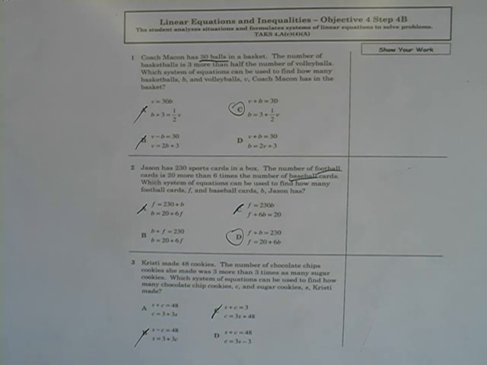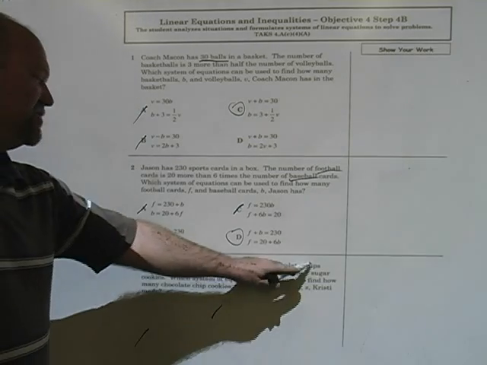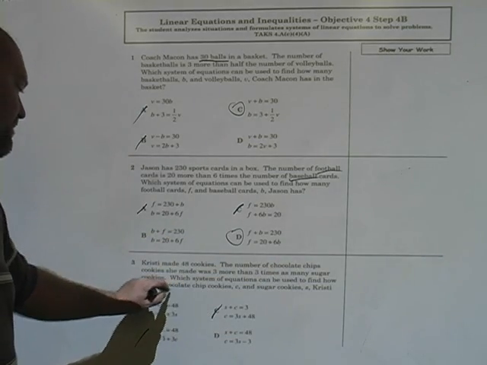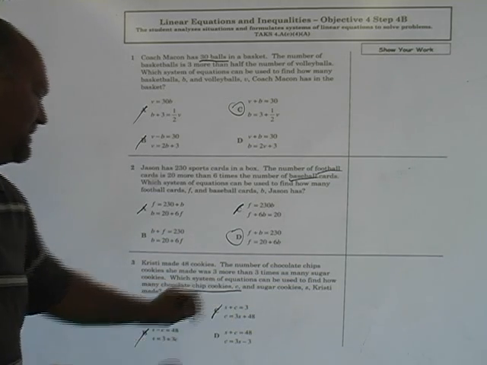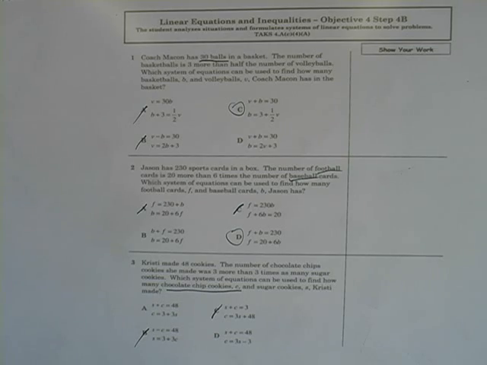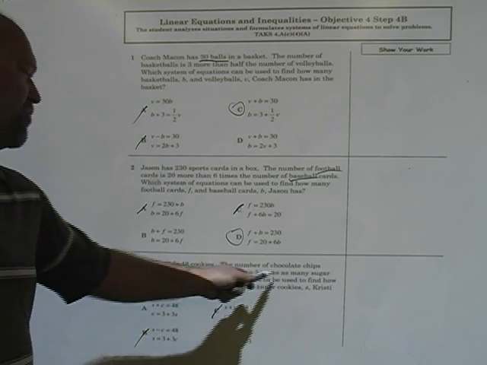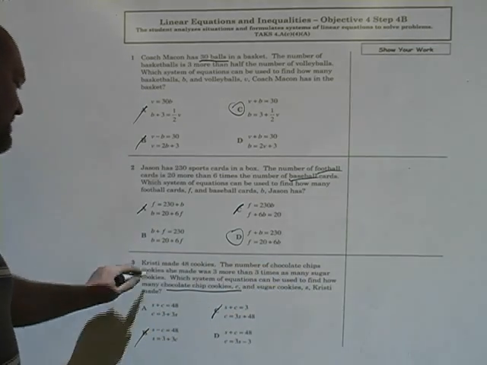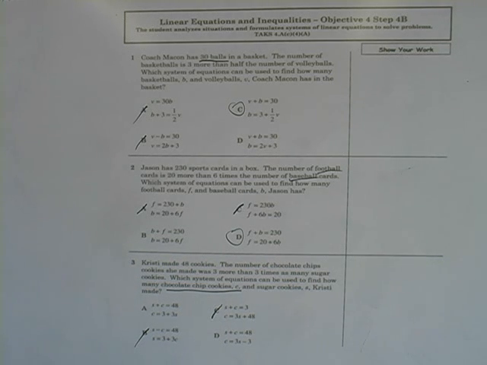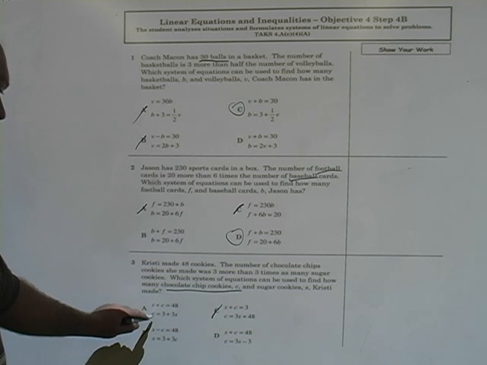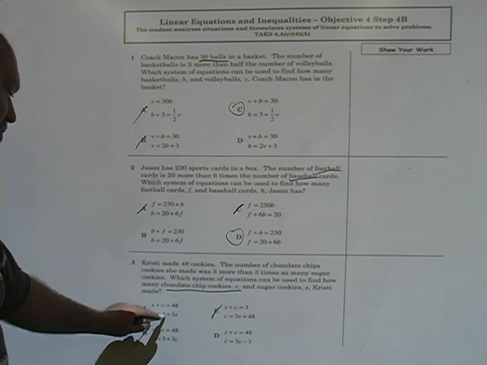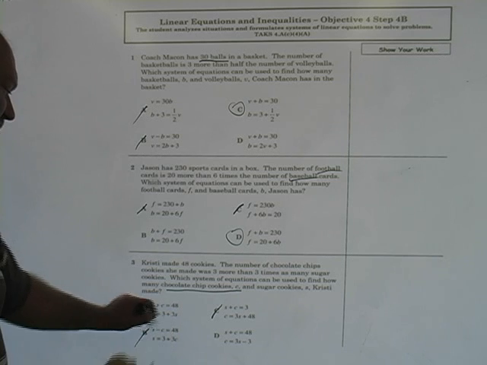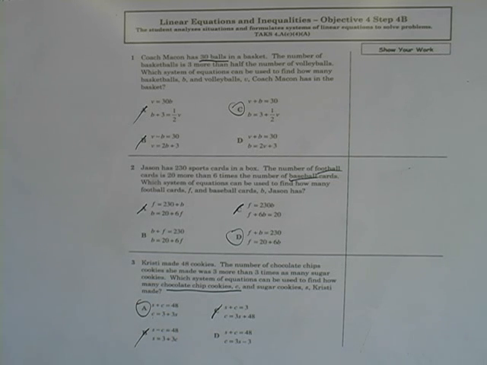So we can rule out those two. And we're also told that the number of chocolate chips, C, is 3 more than 3 times sugar, which is S. So which one says that? Chocolate chips is 3 more than 3 times S. Right there.